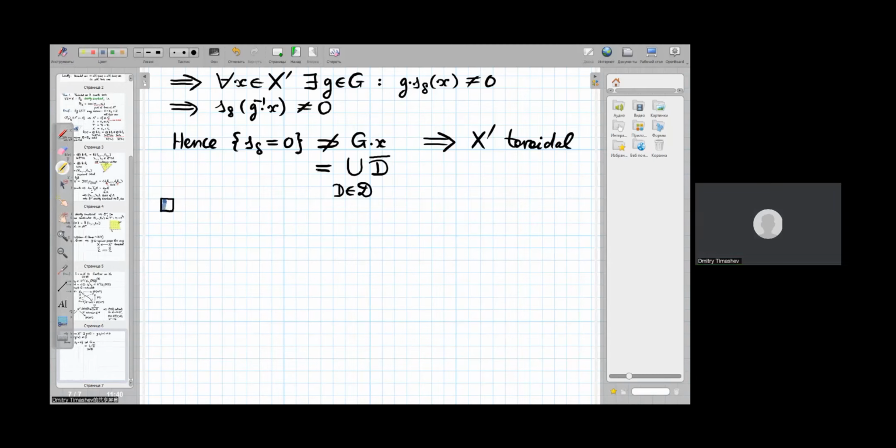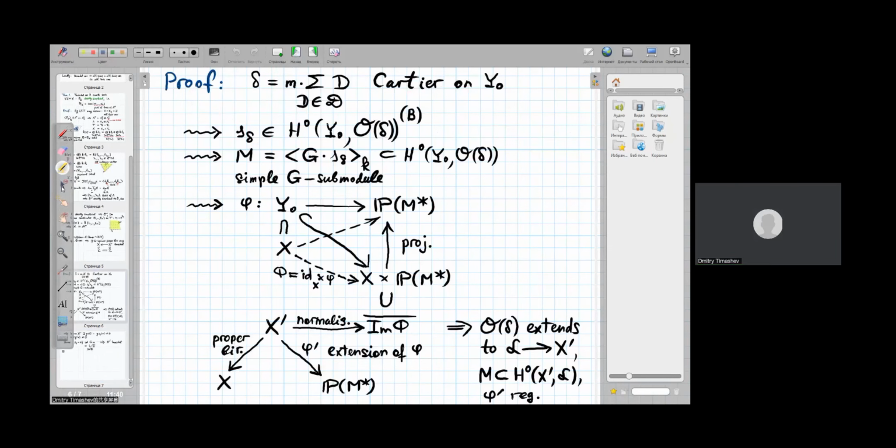The last page where I want to see. Just a moment. So you see that the proper map restricted to a subvariety is still proper. Yes, restricted to a closed subvariety is still proper.